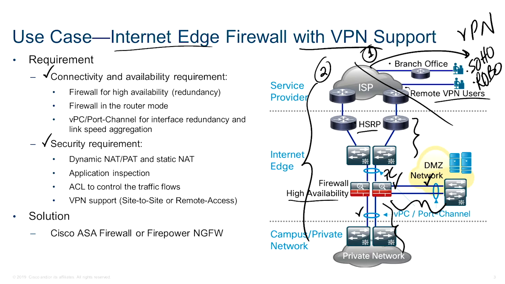Let me pause just for one moment. The reason you see here a VPC/port channel is, if I can throw another one in, VSS: the virtual port channel, VPC, and the virtual switching system, VSS. Those are determined by whether I'm plugging into a Nexus set of switches with VPC, or a Catalyst set of switches with VSS. But in both cases, what we have is a peer-to-peer-to-peer kind of connection, with no single peer point of failure.